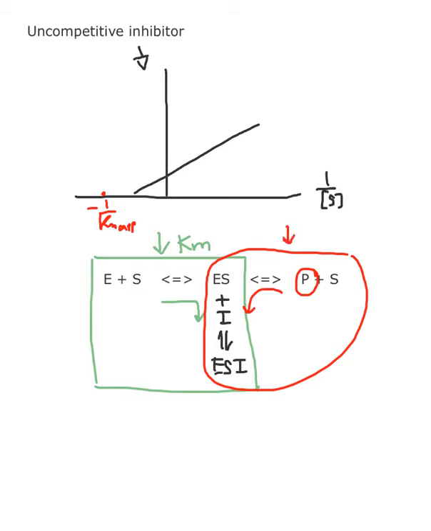So that's why we say it decreases the Vmax. So in the Lineweaver-Burk plot, you will get a parallel line to the status when you don't have the inhibitor. So Km is reduced, and Vmax is also reduced, right? So you get the parallel line here.